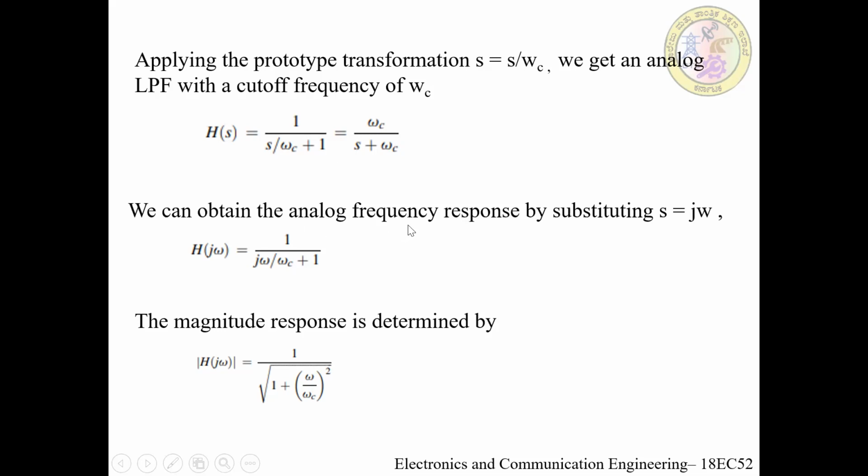We can obtain the analog frequency response by substituting s equal to j omega. So s is replaced with j omega, and this becomes 1 over j omega divided by omega c plus 1. If we take the magnitude response, the magnitude of H of j omega is 1 over square root of 1 plus omega by omega c whole square.